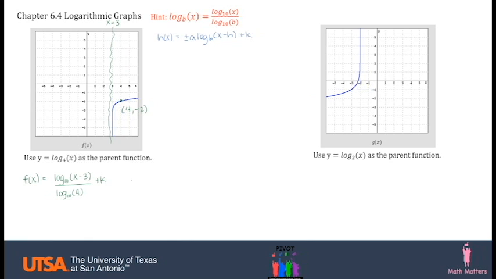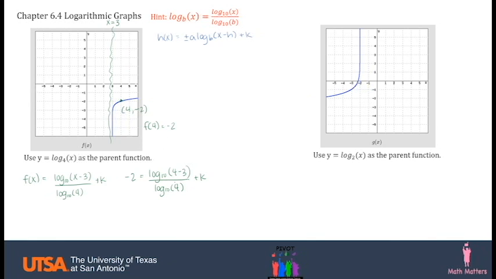So now we can plug in what we actually know. Since we have this point 4, negative 2, we know that f of 4 equals negative 2. So then we have negative 2 equals log base 10 of 4 minus 3 over log base 10 of 4 plus k. And from here we can just solve for k.